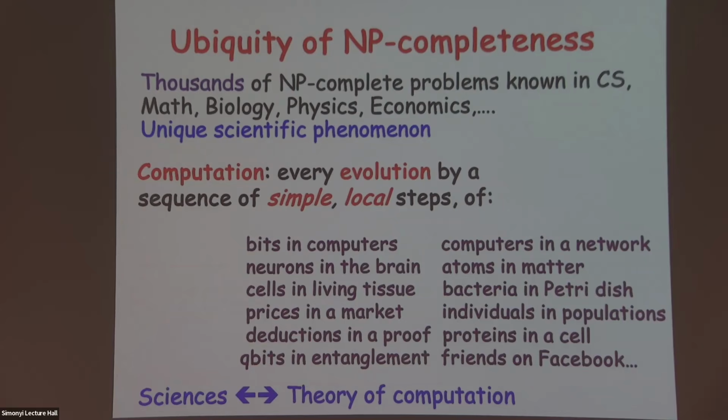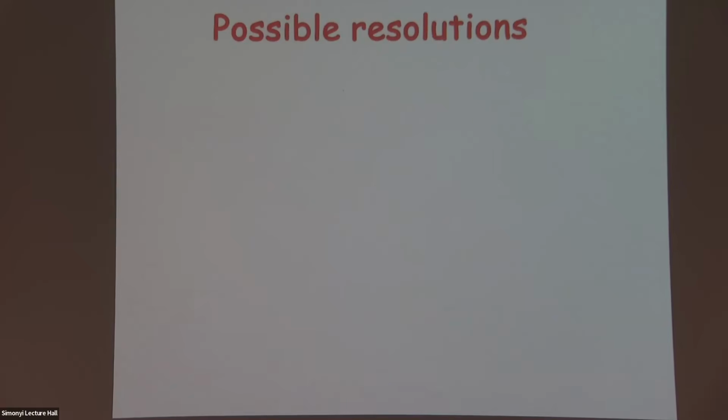Okay, so we talked about NP-completeness. I want to talk about the basic question: what can be the answer to the P versus NP question? Well, there are two obvious answers. One is that they are equal, and this I described as utopic, but it's not completely right. All crypto systems will die.